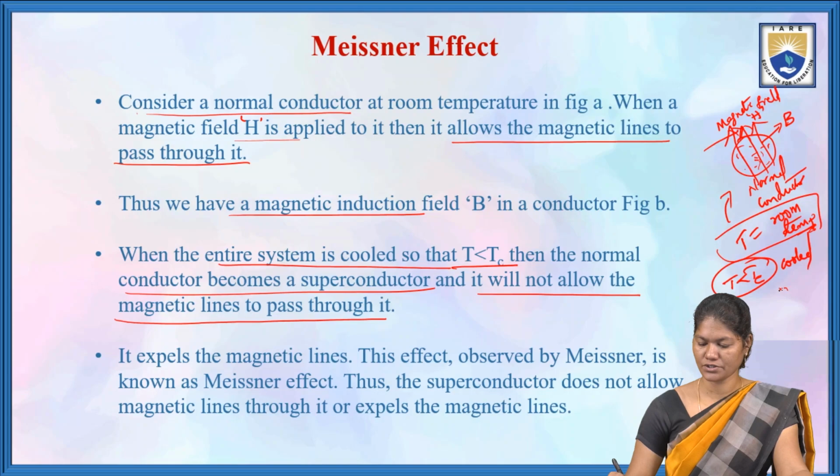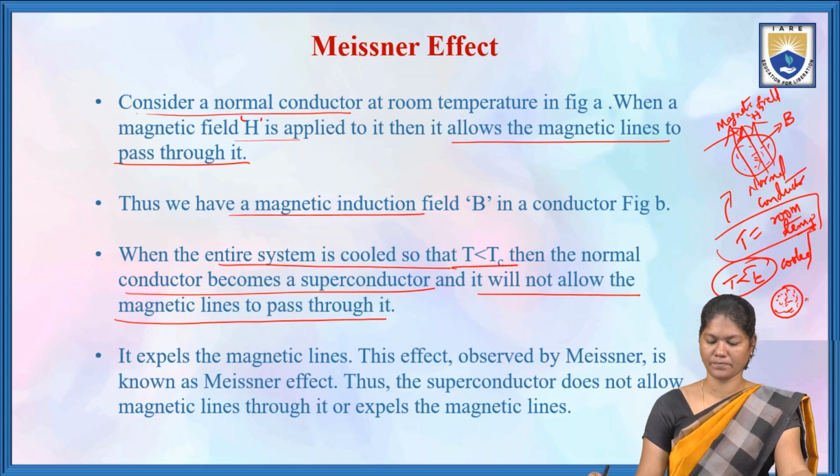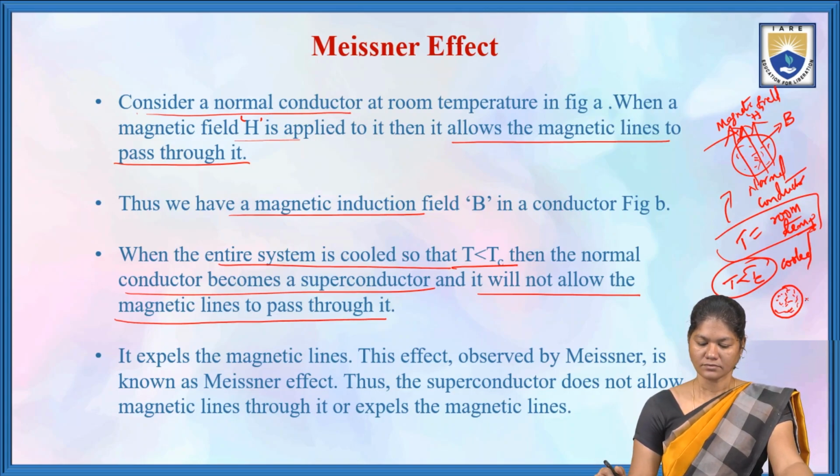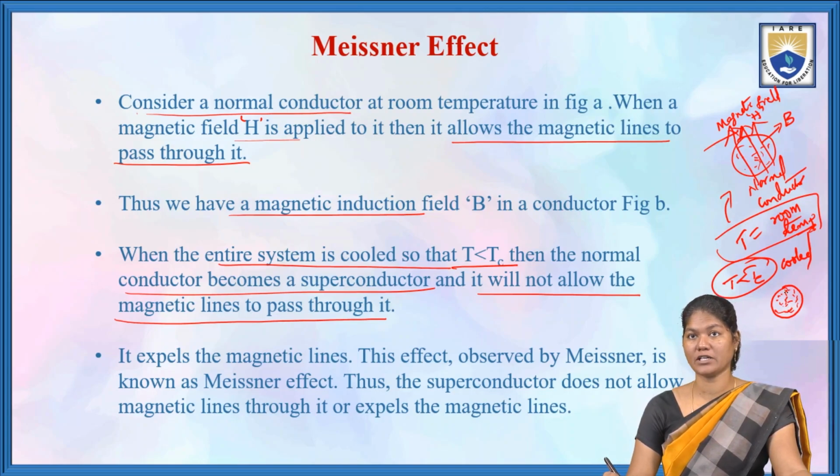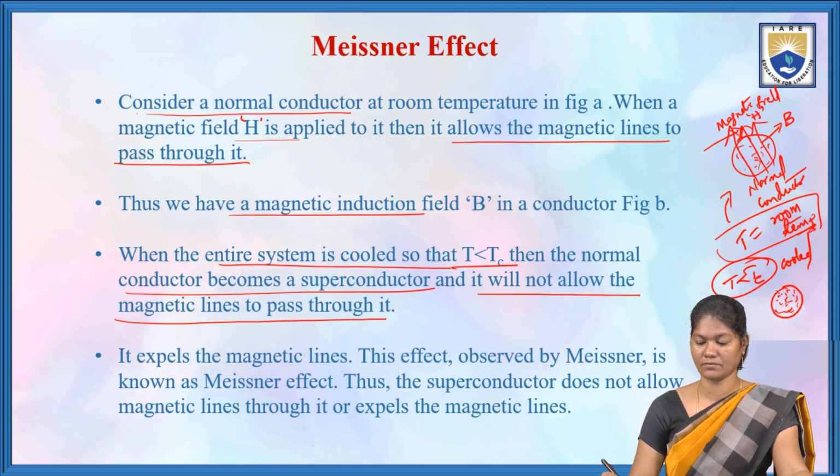So at this temperature, what happens? This is the normal conductor at room temperature. When magnetic field is applied, it allows the magnetic lines to pass through it.